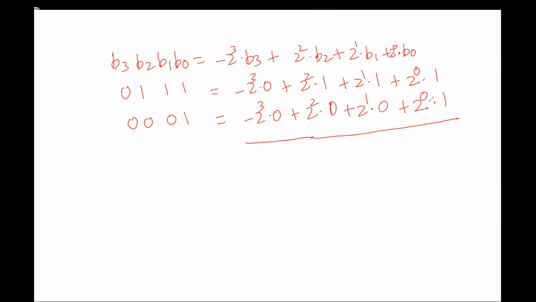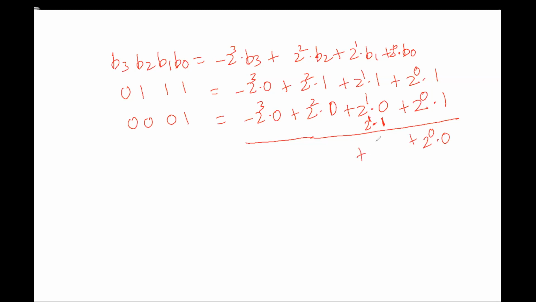So you are adding an extra 2 power 1 here, and you have 2 power 0 into 0. And now 2 power 1 plus 2 power 1 is 2 power 2.